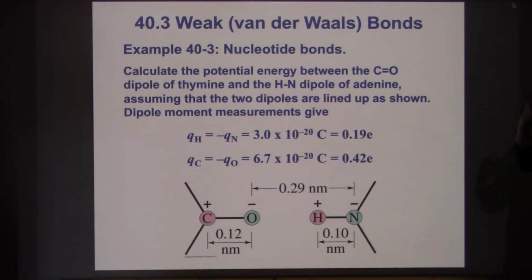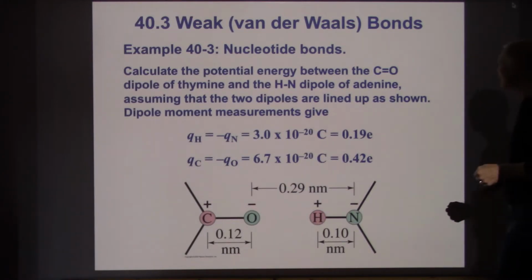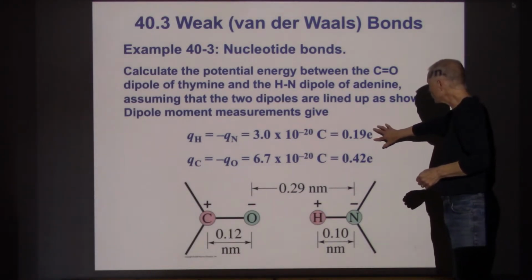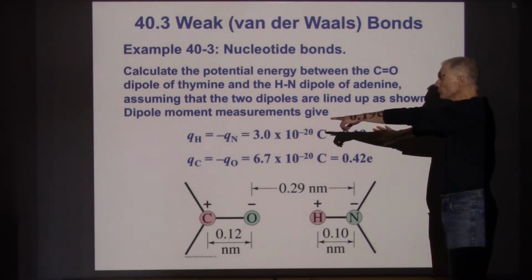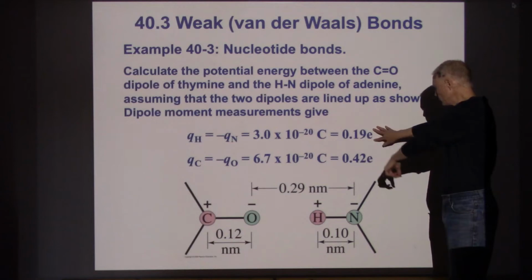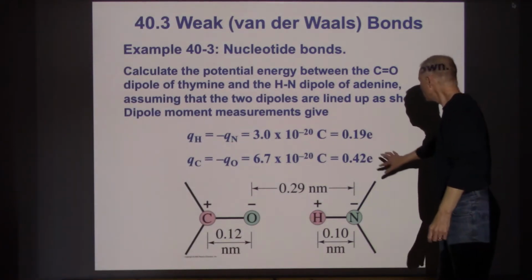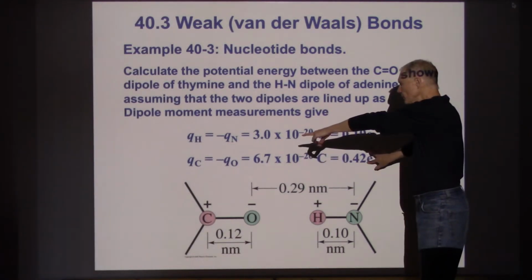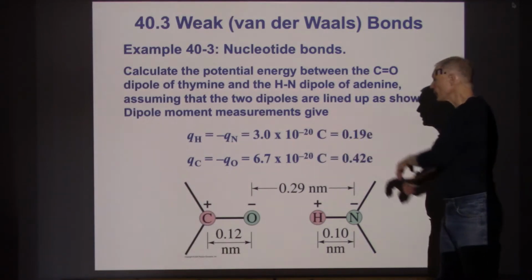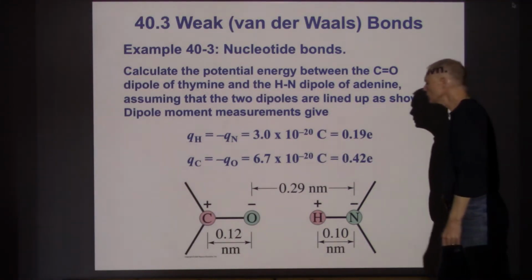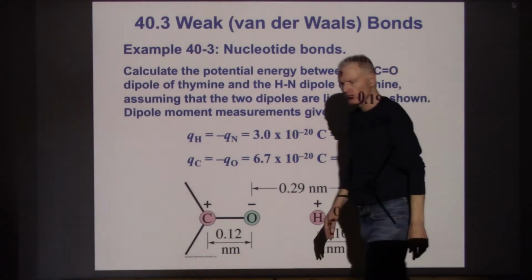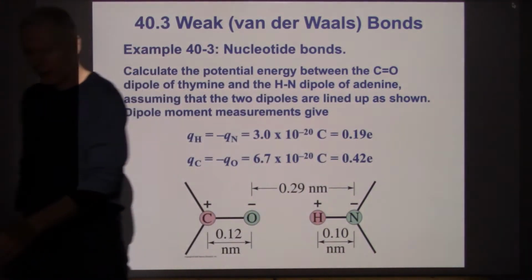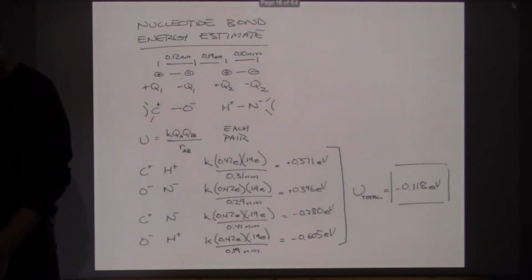It's not like a full charge transfers. This is a polar covalent bond, which leaves a residual charge of plus on the hydrogen and a minus on the nitrogen. This is 42%. This is actually more significant, huh? And it's a double bond. So the result here is an additional 42% of an electron charge on the oxygen.